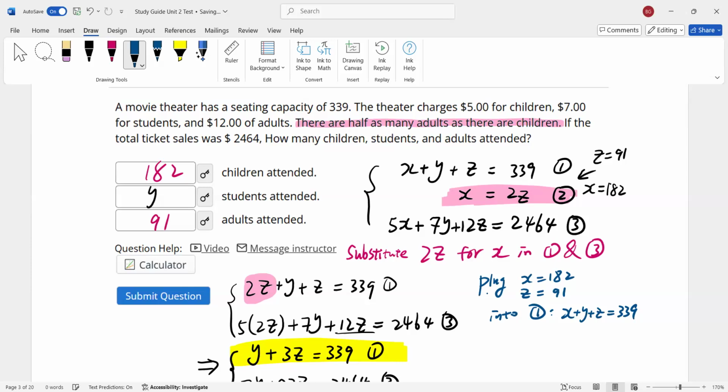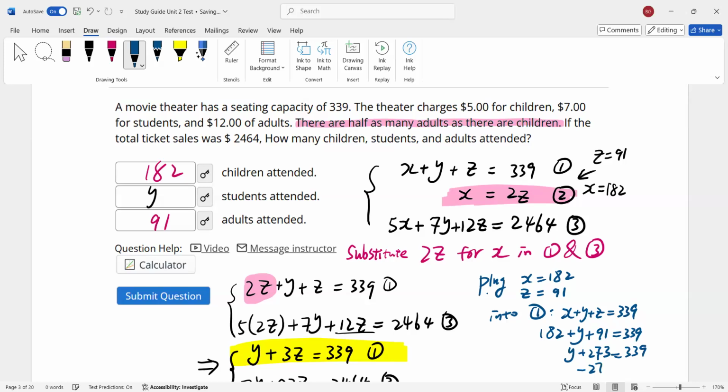Together, the total number of the attendees is fill the capacity, 339. X is 182, copy y, z is 91, equals 339. And 182 plus 91 gives us 273, equals 339.